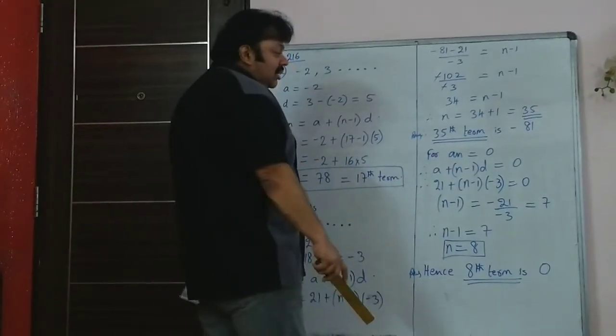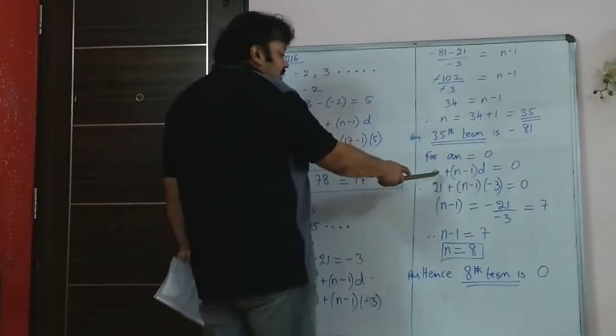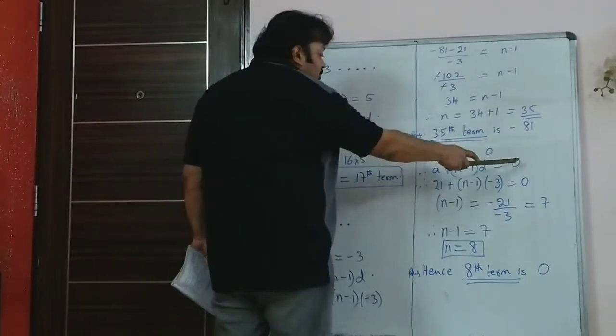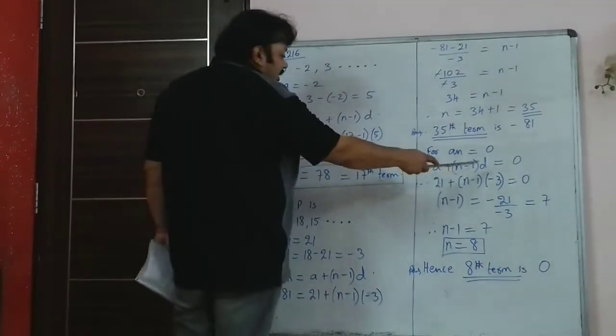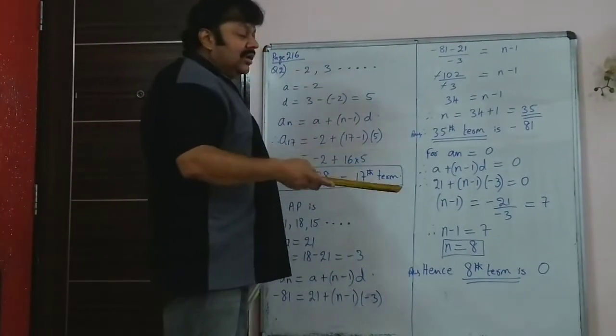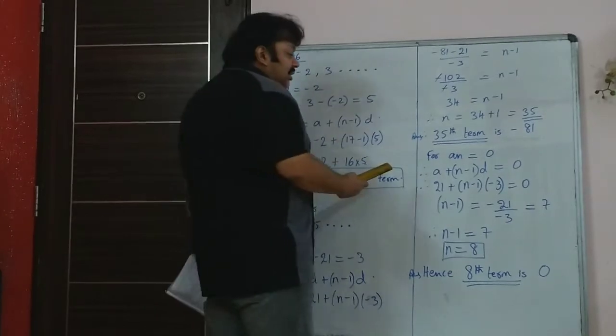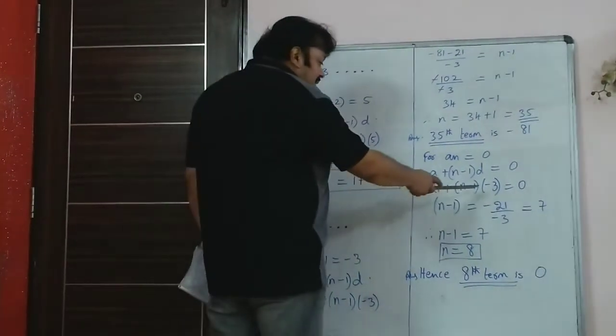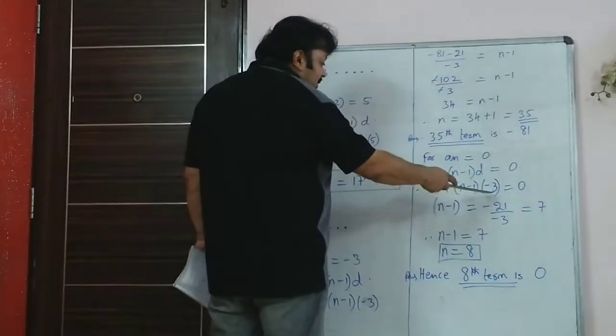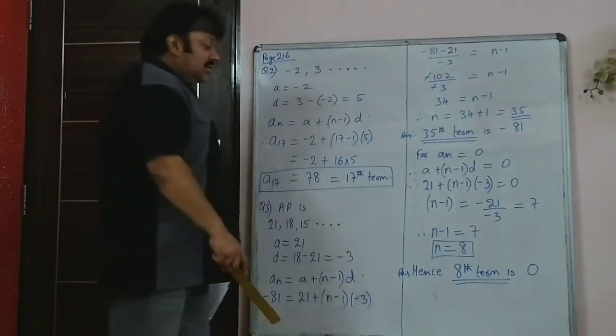Let's see if we are getting number in integers. An is a plus (n minus 1)d, and that should be 0. So a is 21, n minus 1, you don't know what is n, we have to get an integer value of n if that has to be possible. D is minus 3. So n minus 1 is minus 21 upon minus 3, which is 7.